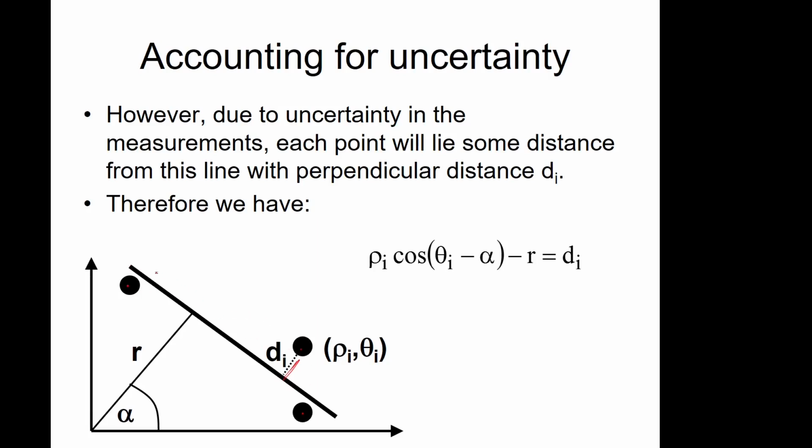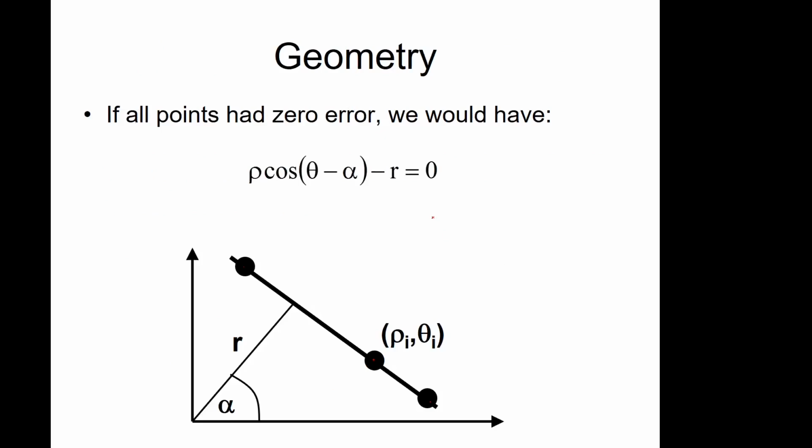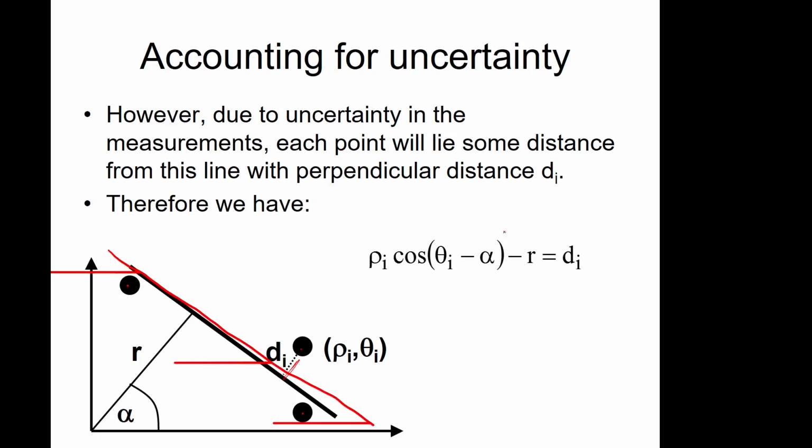And what we need to do is try and work out what is the best line through this data. So rather than have our equation that equals 0, what we actually have is this equation equals our point with some error associated with it.